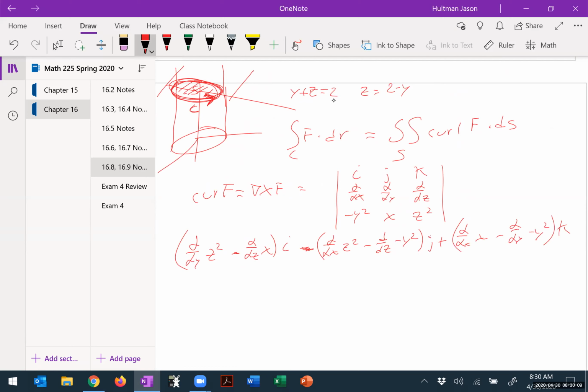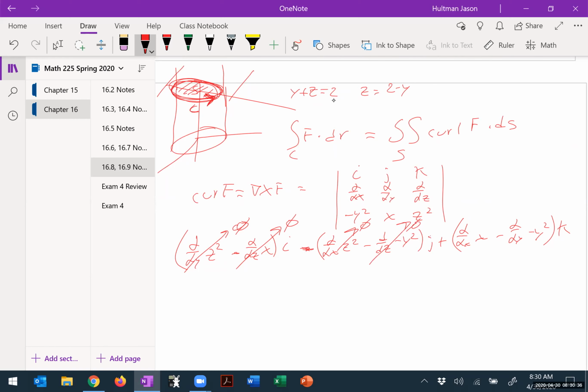Well, we can easily see that the partial with respect to y of z squared goes to 0. The partial of x with respect to z also goes to 0. The partial with respect to x of z squared goes to 0. And the partial with respect to z of y squared goes to 0. So all of those go to 0.